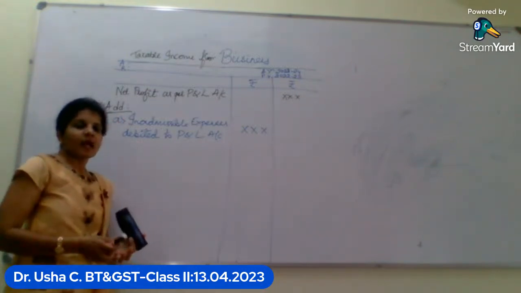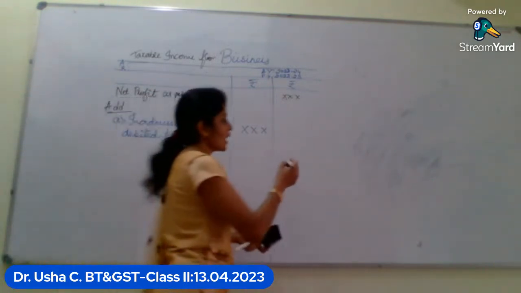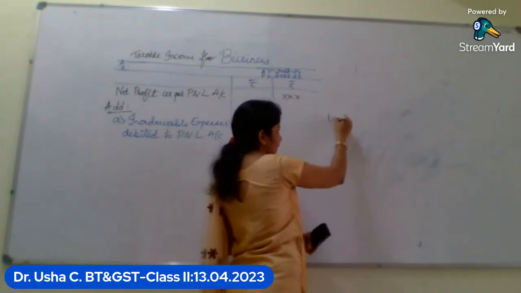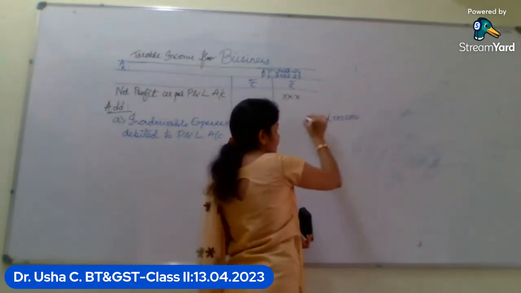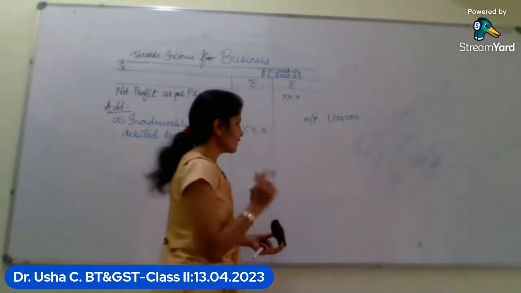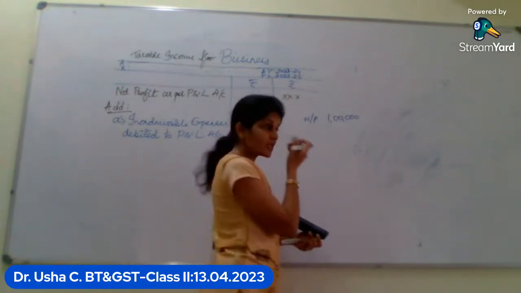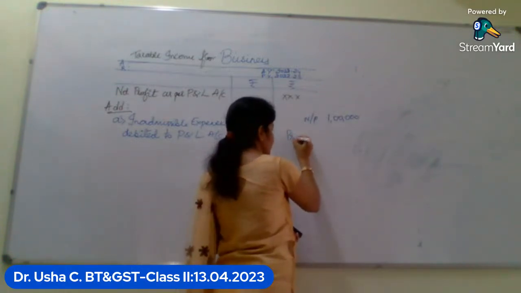Look at here. In the profit and loss account, the net profit was showing 1 lakh rupees. What was the net profit? Net profit was 1 lakh rupees. Here, the expenses, suppose take an example of any provisions.